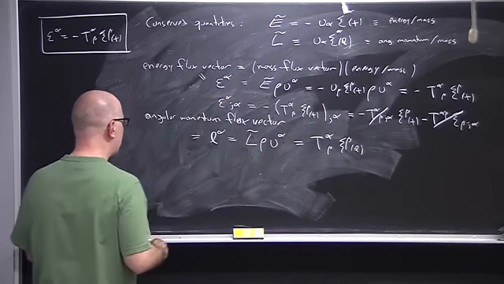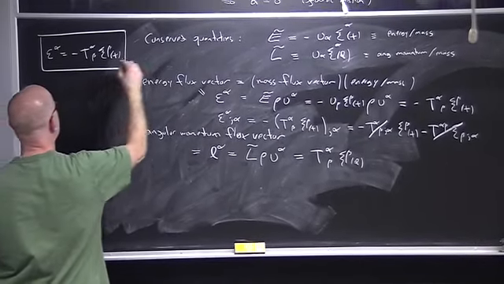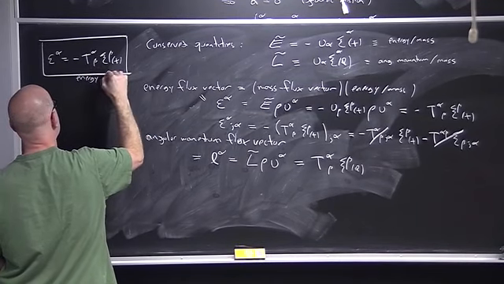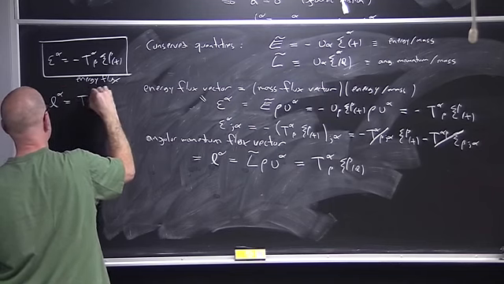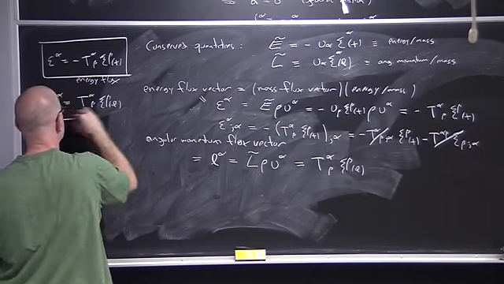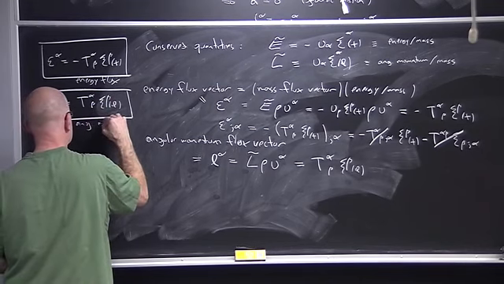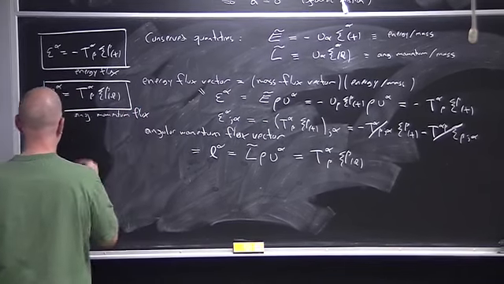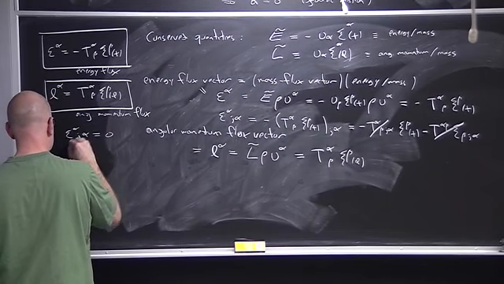So again, by the same argument, this is also a conserved vector. So now we have the energy flux, we have the angular momentum flux, and those vectors are conserved in the sense of having a 0 divergence.